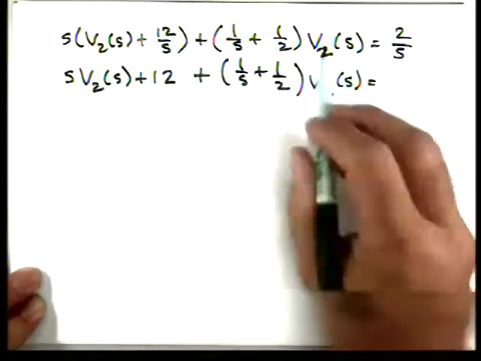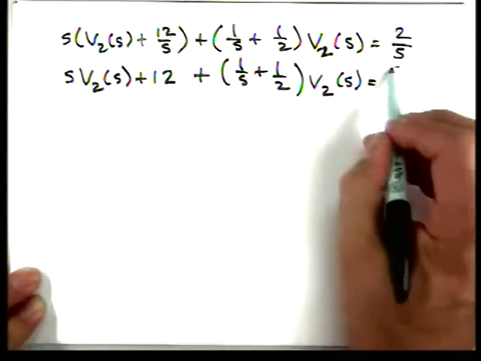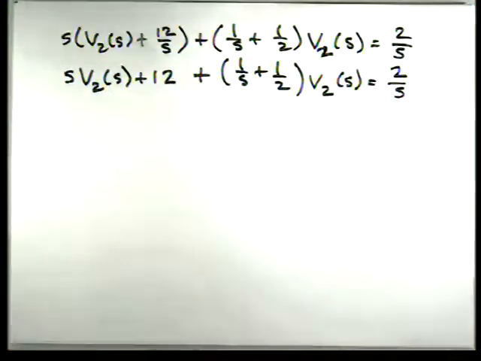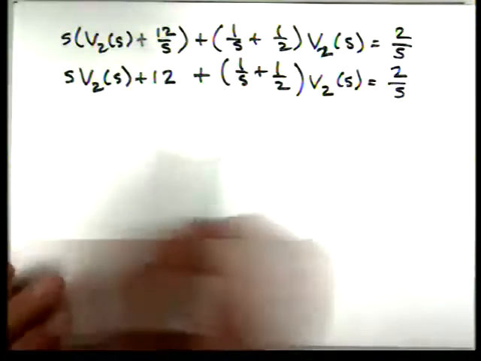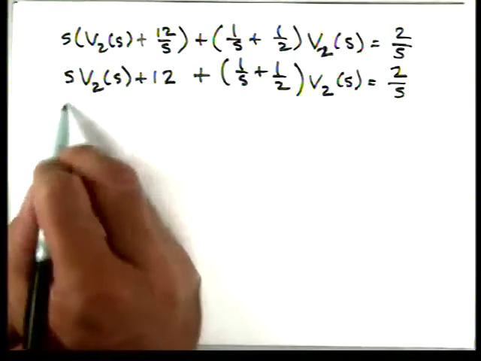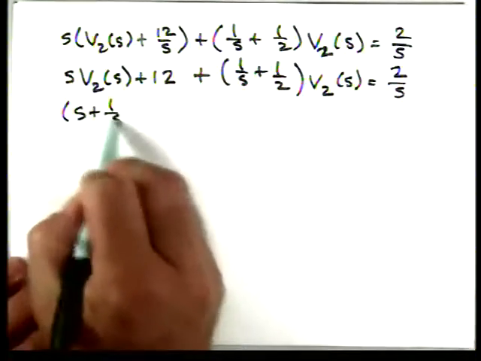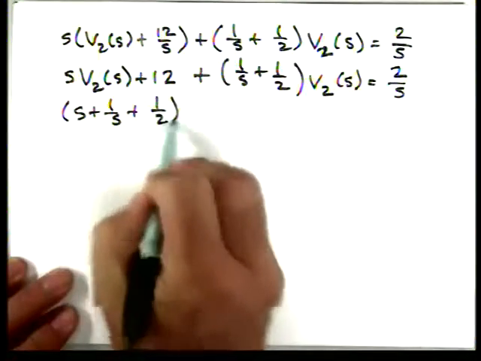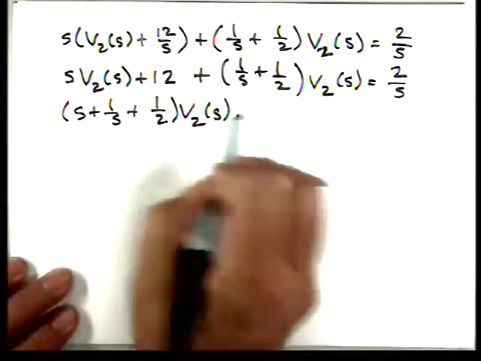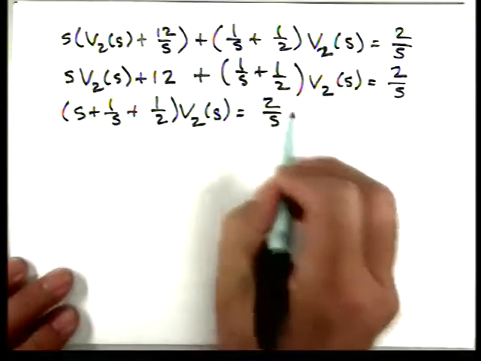And that should have been a V2 over S up here. We can see where we corrected that. Okay, now we're continuing, so now we have S plus 1 over S plus 1/2 times V2 of S is equal to 2 over S minus 12.